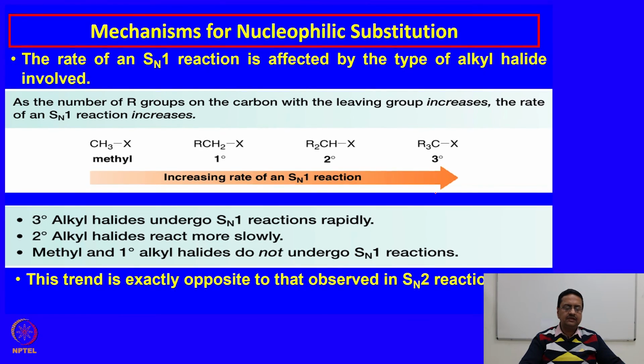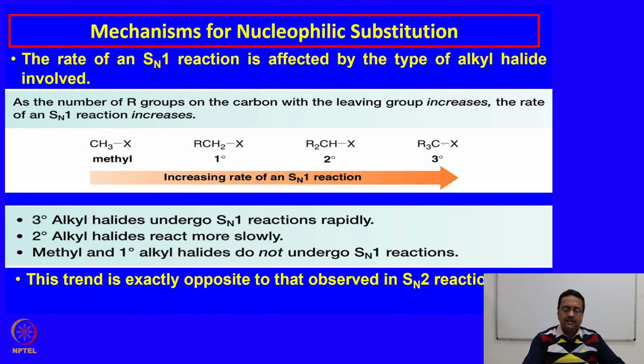So, the rate of the SN1 reaction is affected by the type of alkyl halide that is involved. As the number of R groups on the carbon atom with the leaving group increases, the rate of the SN1 reaction increases.